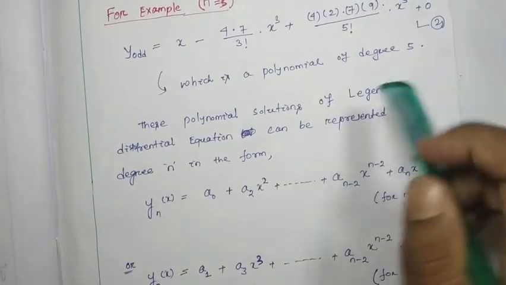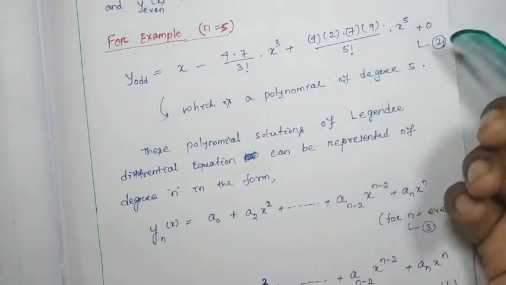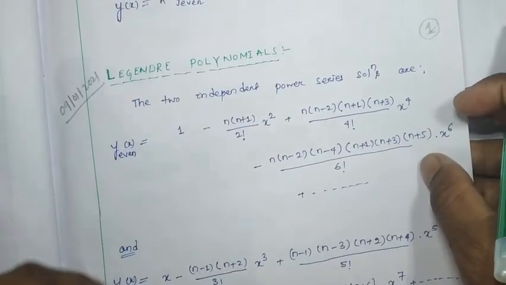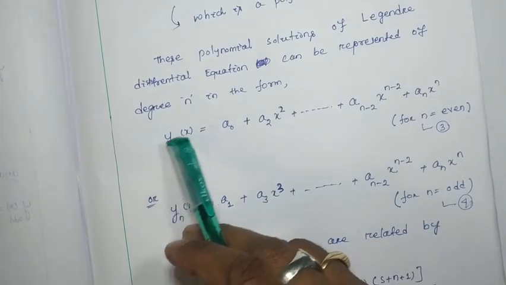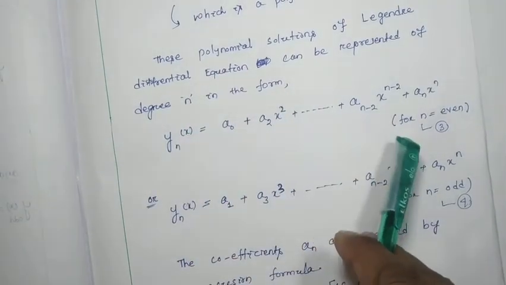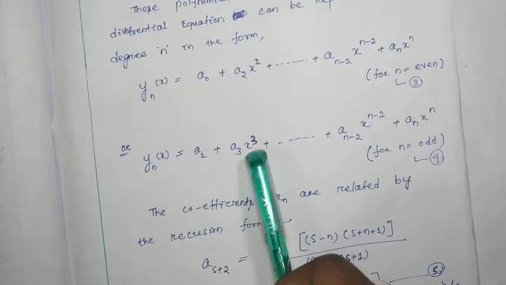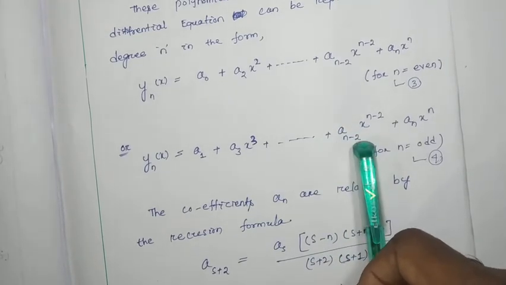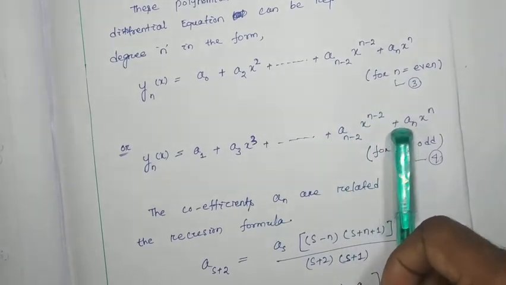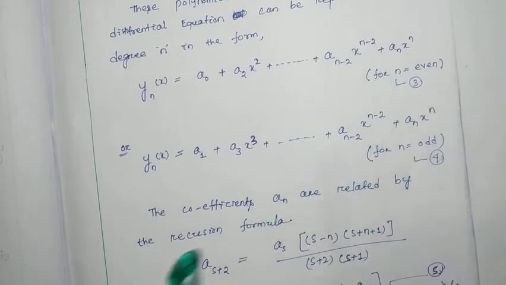So these polynomial solutions, for different values of n, we can get different series, right? These polynomials can be represented with degree n in the form of this one for n equal to even, and y n equal to this one, that is a1 x plus a3 x to the power 3 plus dot dot dot up to a n minus 2 x to the power n minus 2 and dot dot dot a n x to the power n for n equal to odd.